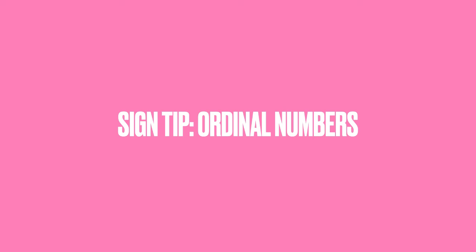If you're saying the first time or first you need this, it is a different sign because it has a completely different meaning than something like going to the first floor or the second floor. So don't forget this, and don't forget to look at the attachments to learn this sign.